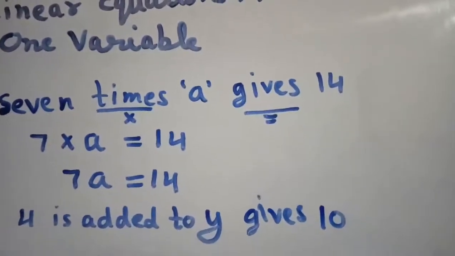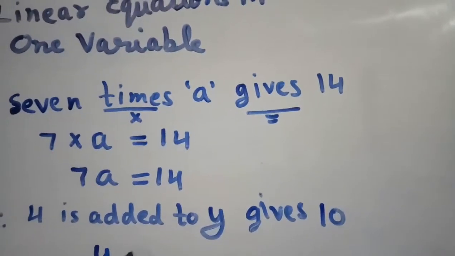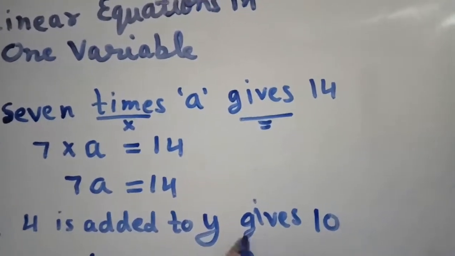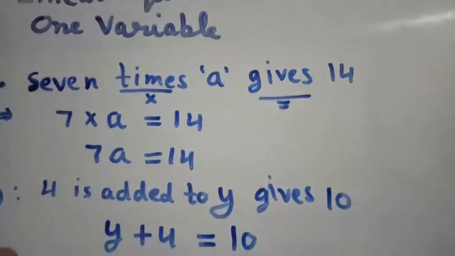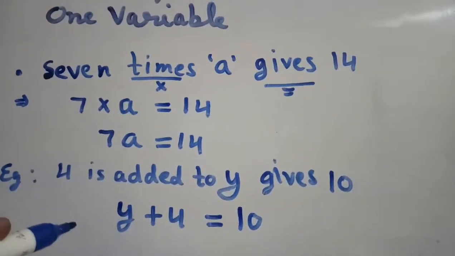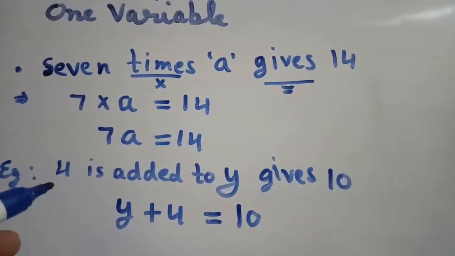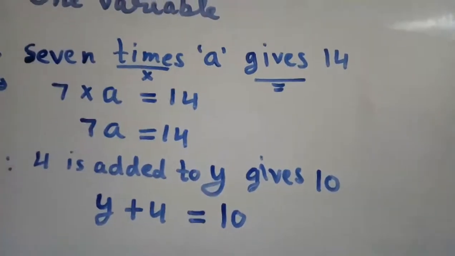Again, 4 is added to y means y plus 4, and in place of gives we put equal, so y plus 4 is equal to 10. So these are the examples of linear equations in one variable from the given statement. You can try more at home from the book.